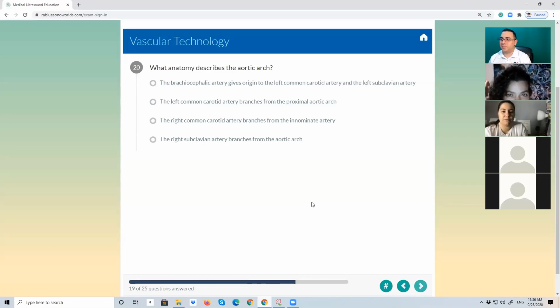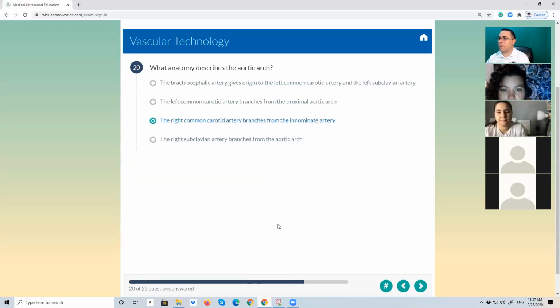Remember that one of those arteries has a synonym, so they're called two different ways. The right CCA branches from the innominate artery. Correct, which is also known as the brachiocephalic artery. That's the one. Remember, you have your innominate or brachiocephalic trunk, then you have the left common carotid artery, and then you have the left subclavian.